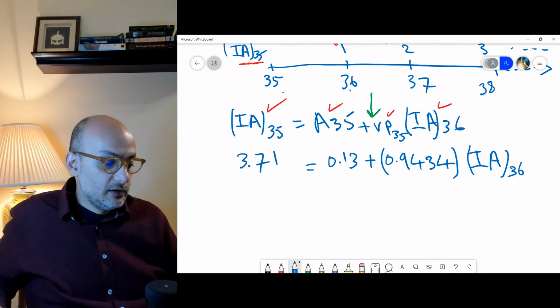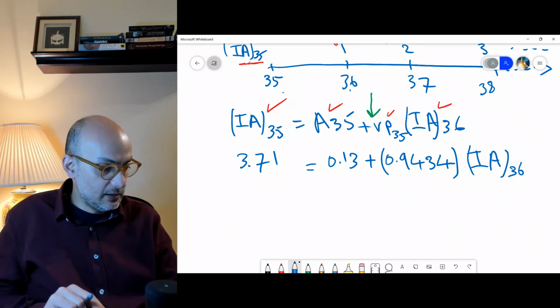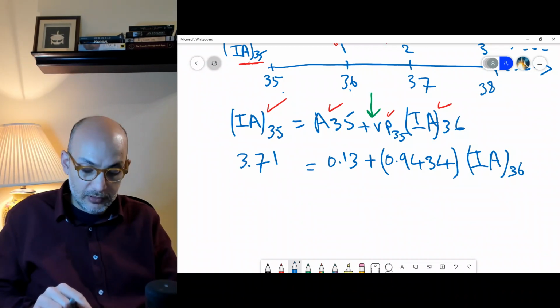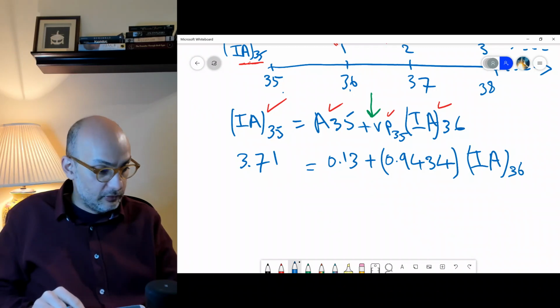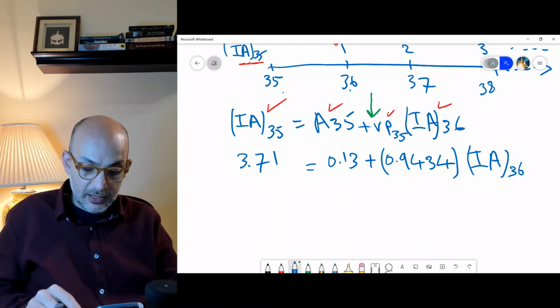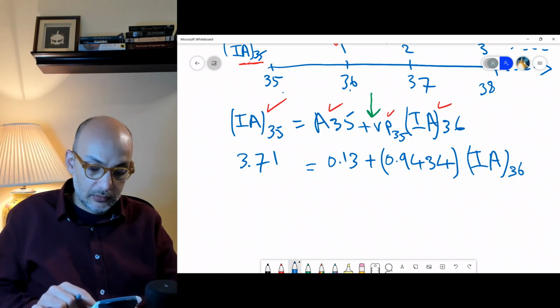If you do just a little manipulation here, you take the 0.13 to the other side, so 3.71 minus 0.13, and then divided by V, 0.9434.